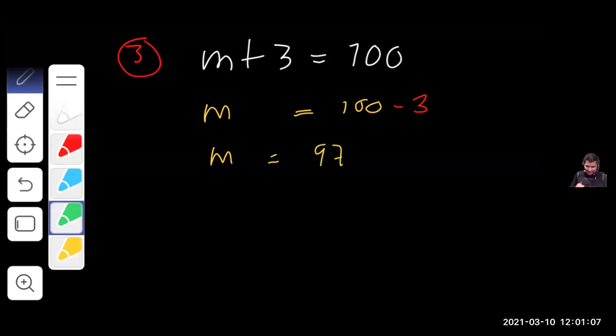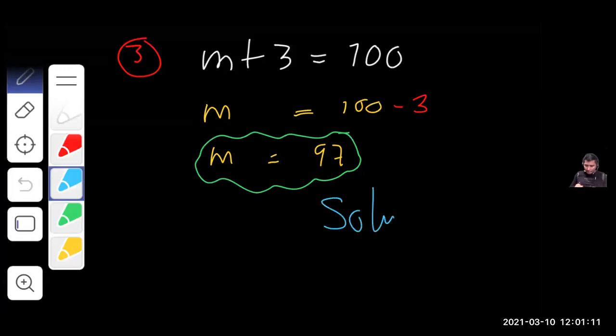97. Okay, we can do it like this. We can subtract 3 minus 100 instead of doing that long process. I don't know if you understand me, I only put 3 minus 100 and I got 5.